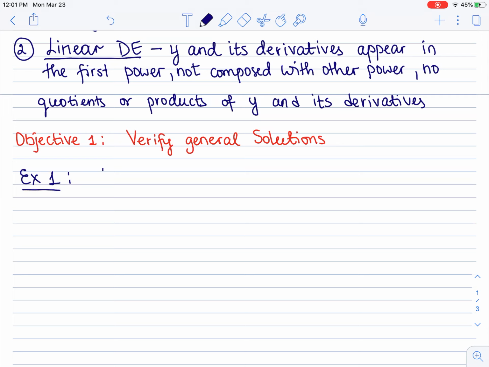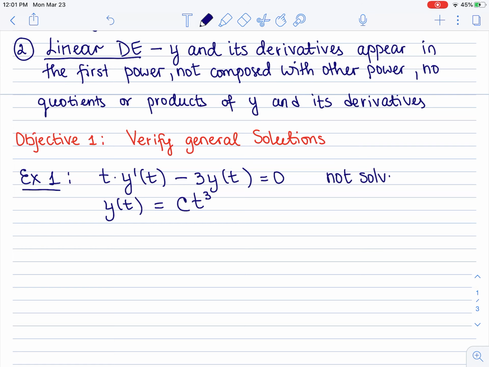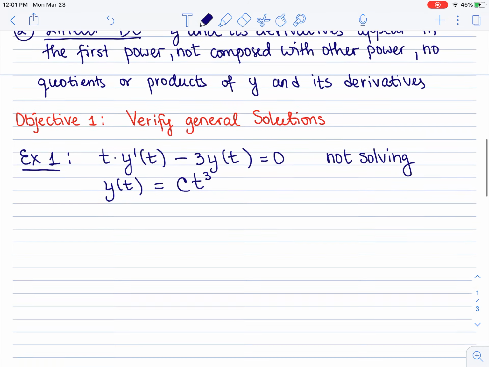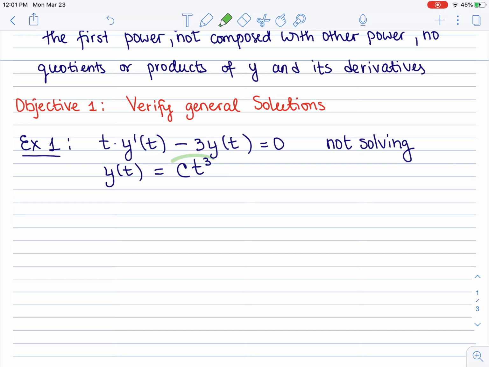This one says I have the following equation: t times y prime of t minus 3y of t is equal to 0. And the solution that they give us is y of t is equal to c, which stands for constant, t cubed. We're verifying, not solving this problem. We don't know how to solve differential equations just yet. We just need to verify that this is indeed a solution.